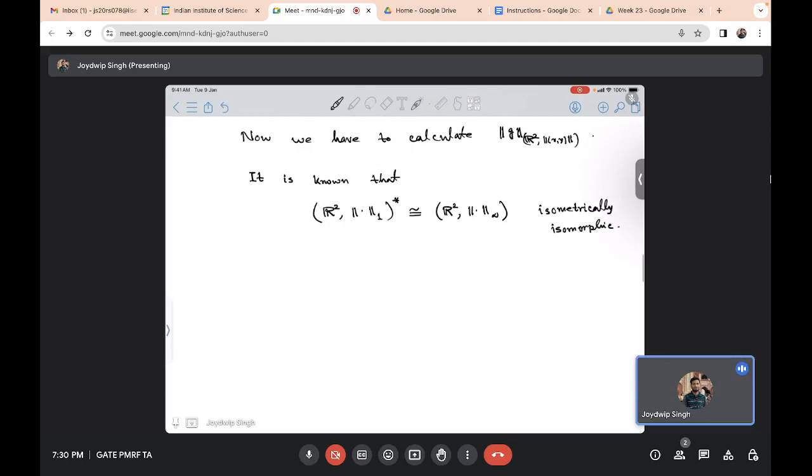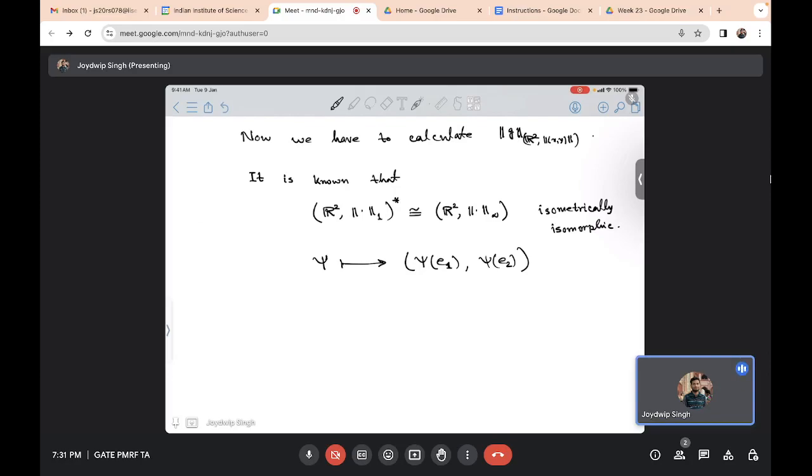And basically the map, for any given psi here, sends it to psi of the first basis vector E1 and psi of E2. This map gives the isometric isomorphism, right?